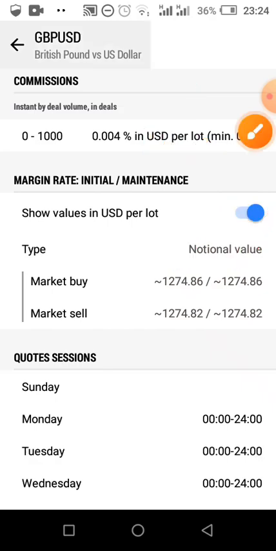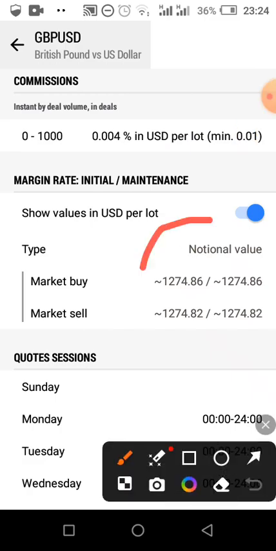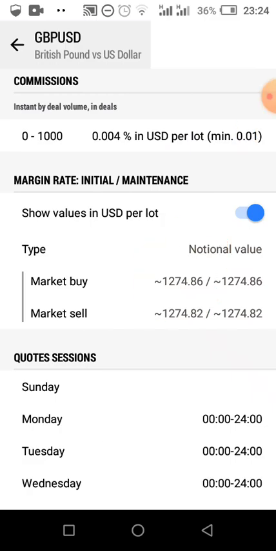Now FXView broker, because it's an ECN broker, this is why it has bigger charges for margin.